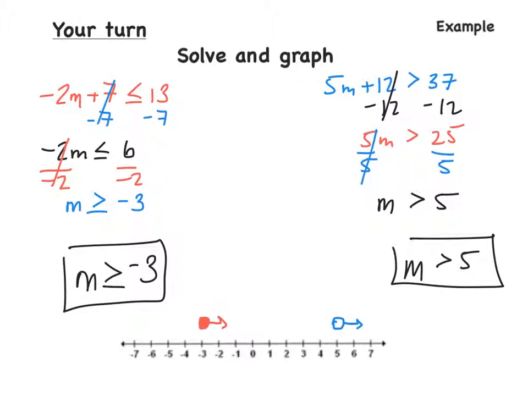So what you could do is you could just draw one continuous arrow from negative 3 and just keep drawing it. So it would look like an arrow that just continuously goes to the right from negative 3.